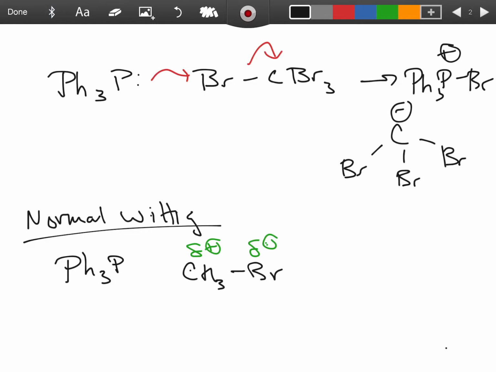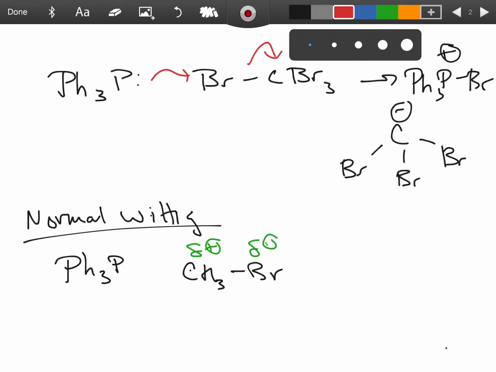We actually did in organic 2 a reaction, was it the haloform reaction, where you put 3 chlorines or 3 bromines on a methyl ketone, and you can turn it into a carboxylic acid because the carbon becomes the leaving group. It's the same thing here. So we get this, and then this carbon with 3 bromines around it can attack the phosphorus.